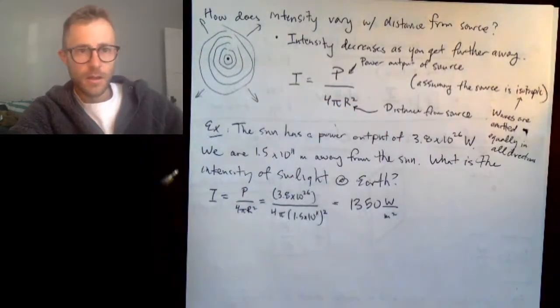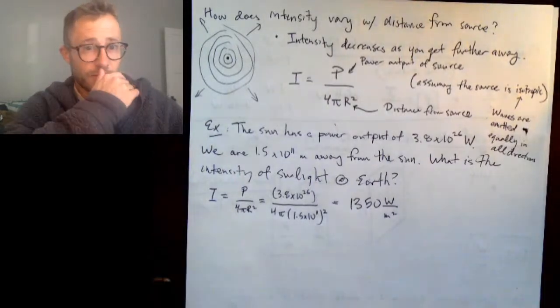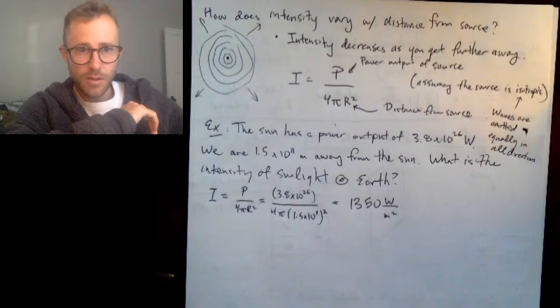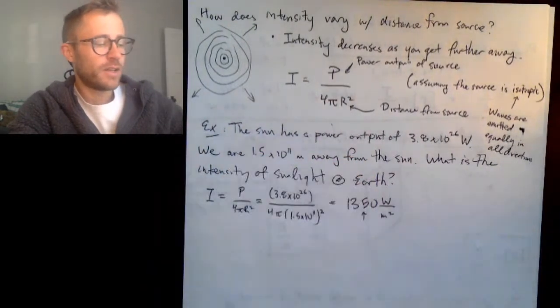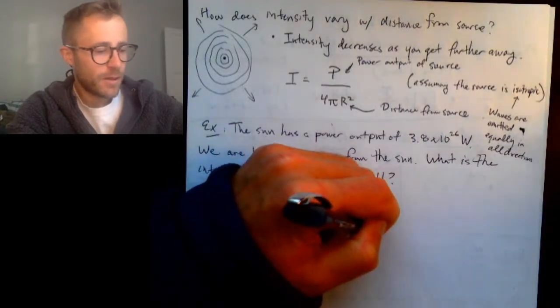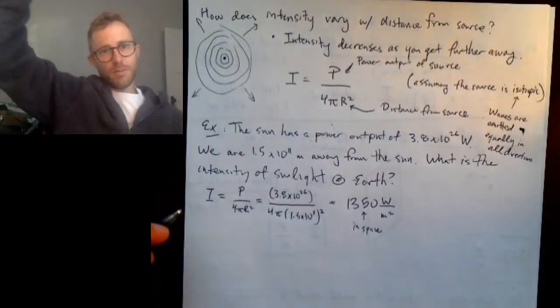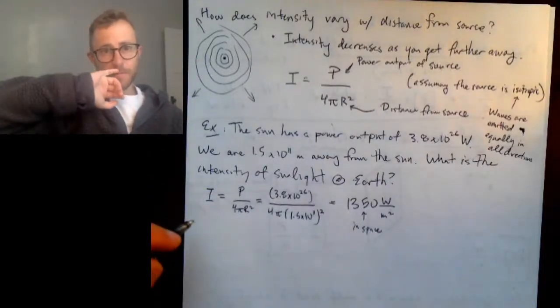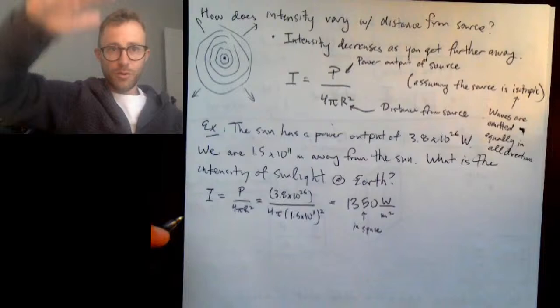Okay. Now this is kind of interesting because this is basically what the intensity of sunlight is in space, but we are not in space directly above the Earth's atmosphere. We're below the Earth's atmosphere.